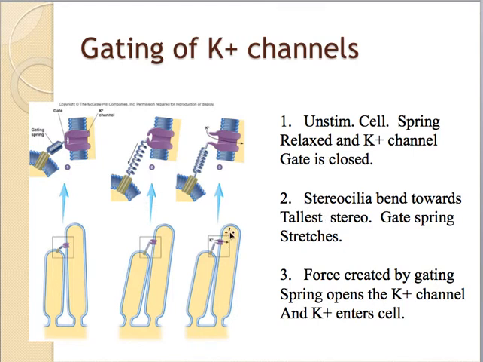The stereocilia shown here, that's on the specialized hair cell, will bend towards the largest stereocilia shown here. And what this is going to do is open the potassium channel. And potassium is going to flow from a high concentration to a low concentration, and it's going to enter inside the cell. And by entering inside the cell, that's going to cause your depolarization.